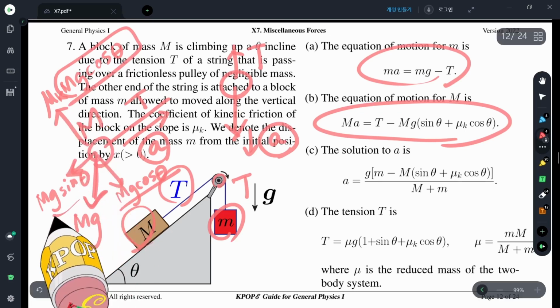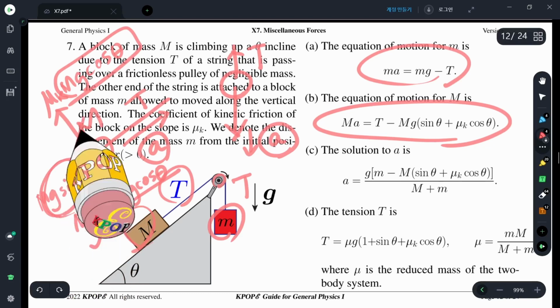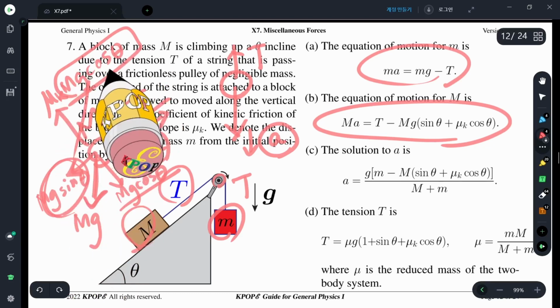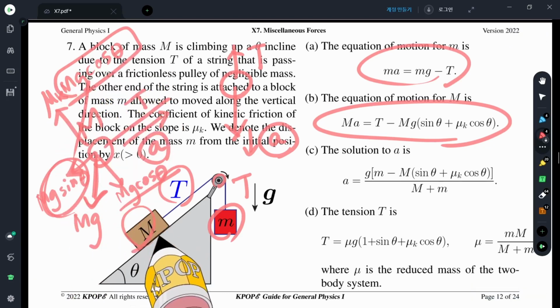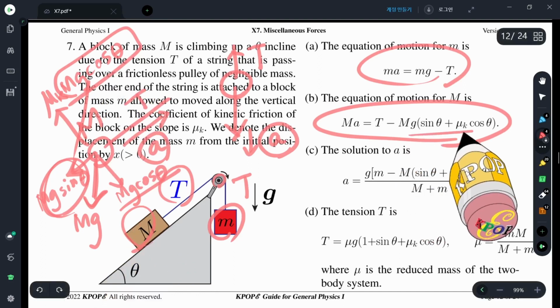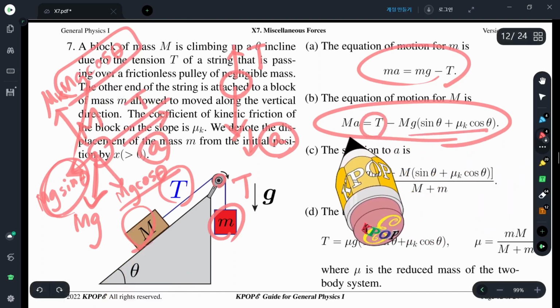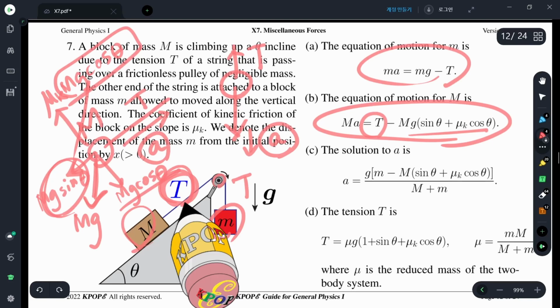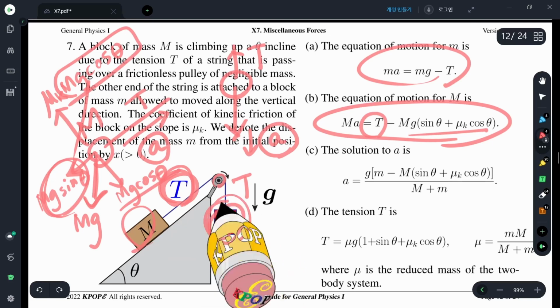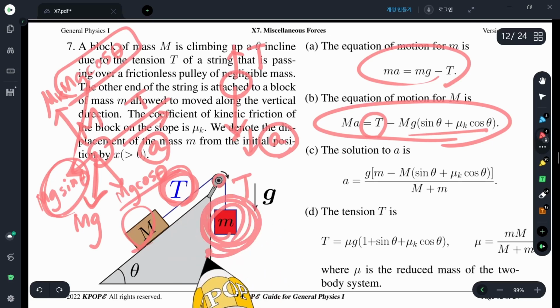The sum of this and this will determine the net force on this block downward. In the opposite direction, there is a tension. And the other equation of motion is trivial.